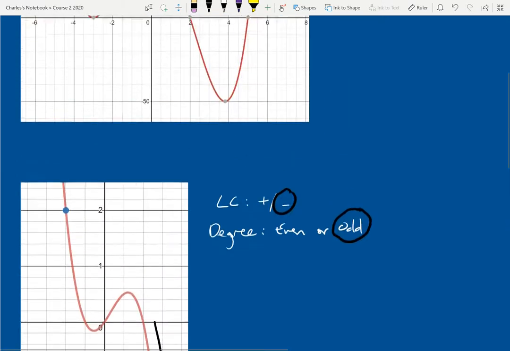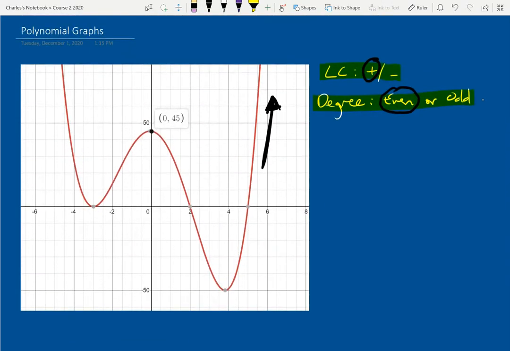Okay, and so then a lot of times you can figure out what the degree is. You can't always count on this rule working, but you can a lot of times expect that the degree, if I count the number of turning points, see this has three different turning points, 1, 2, 3, local minimums or maximums, is going to be one more than that number of turning points.